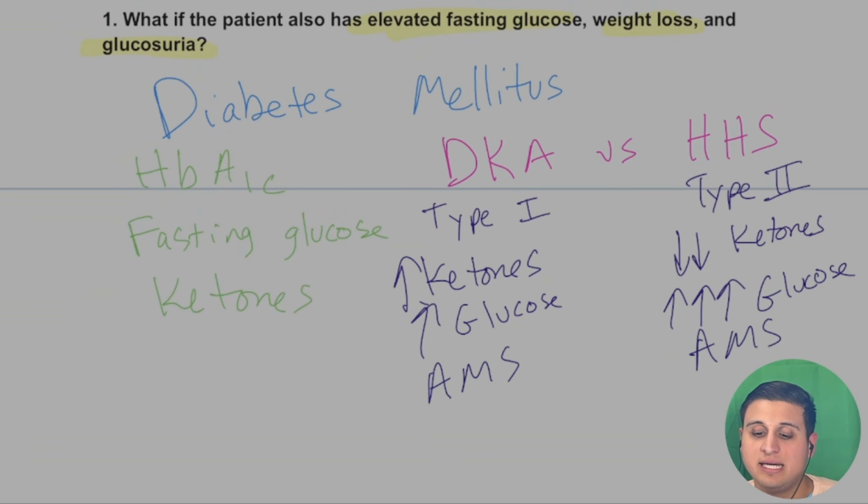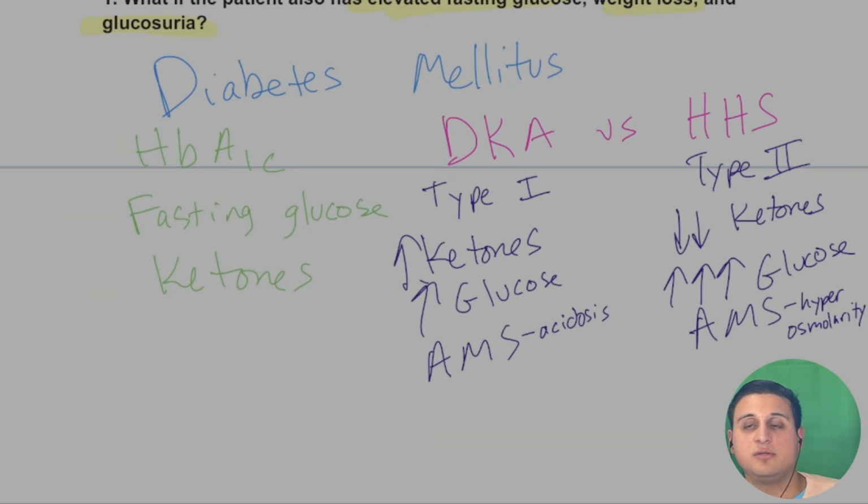But the altered mental status in DKA is because of acidosis, probably. The altered mental status in HHS is because of hyperosmolarity. All right. So that's a little bit of a difference there, and that's how you can break down the two of them. So if it's an older patient who has a history of type 2 diabetes, you're going to be thinking more of HHS rather than DKA.